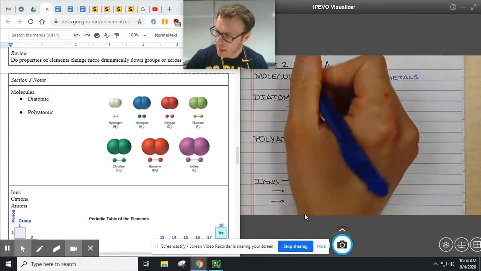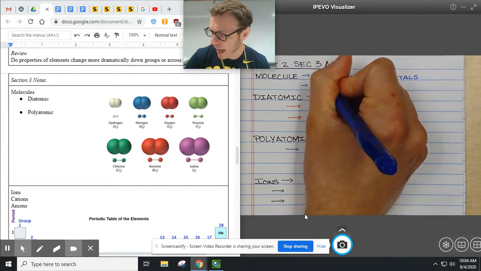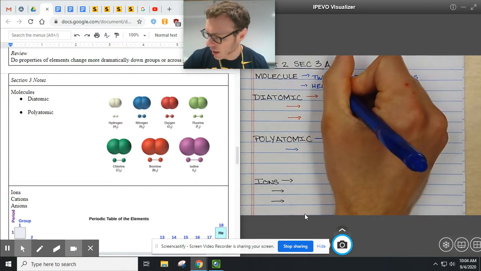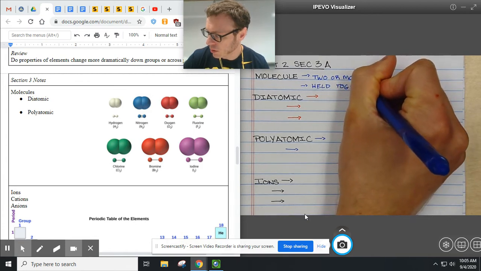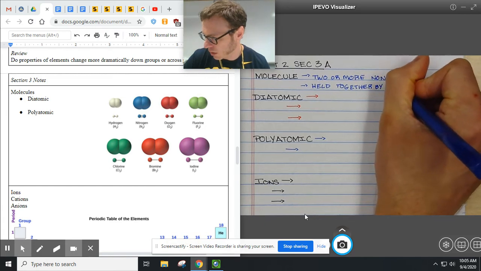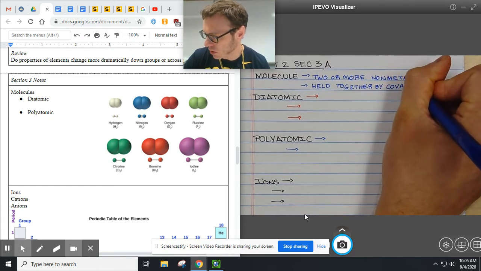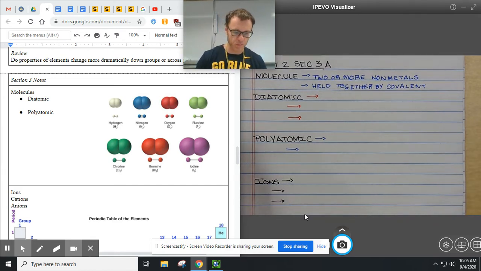And these, the atoms are held together by covalent bonds. Now we're going to get to covalent bonds later, but right now we're just defining our parameters. So they're held together by covalent bonds.